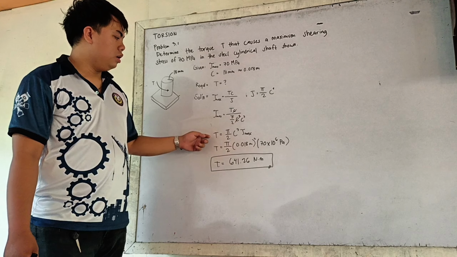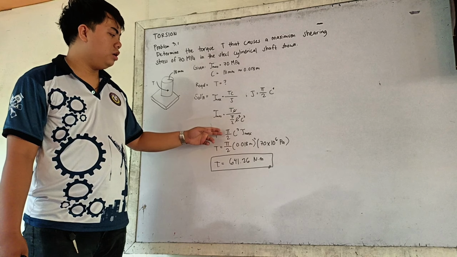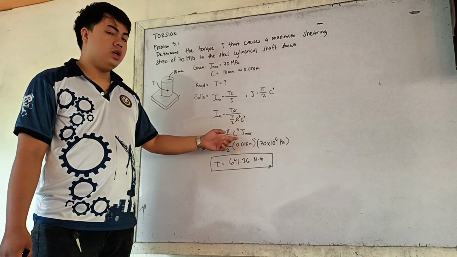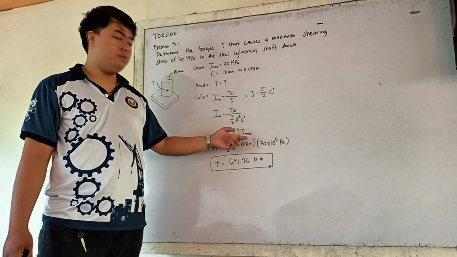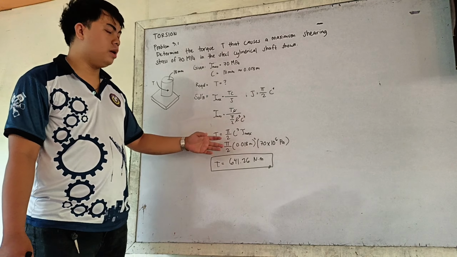So our formula now is T is equal to pi over 2 C cube, then multiplied by the maximum shear stress. So we plug in the values.